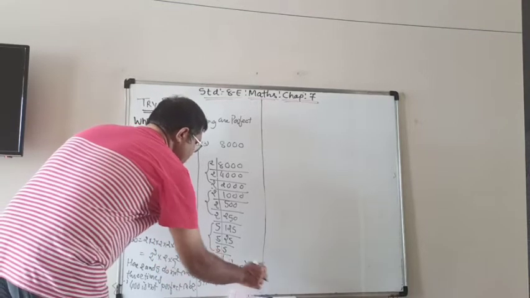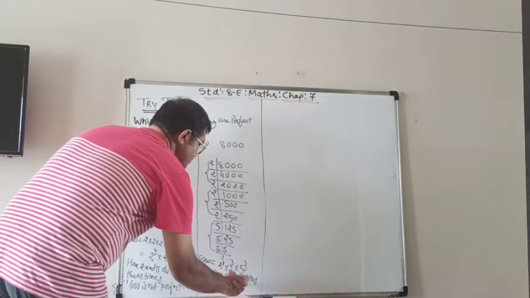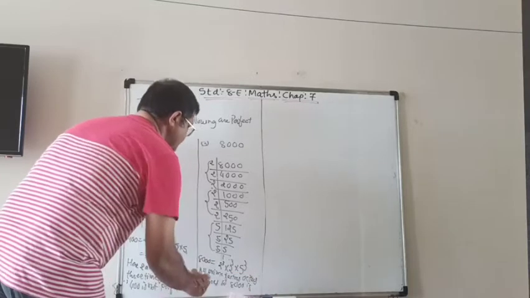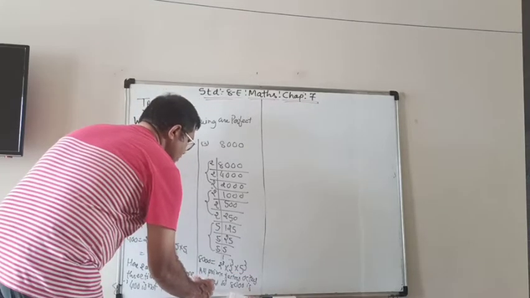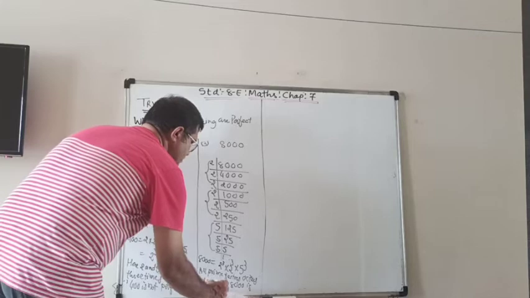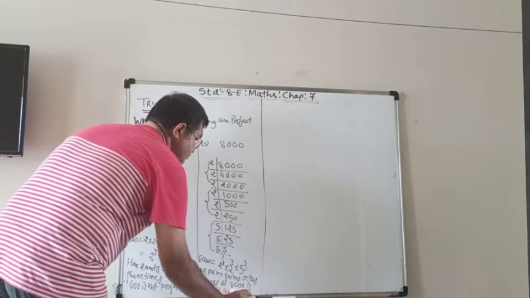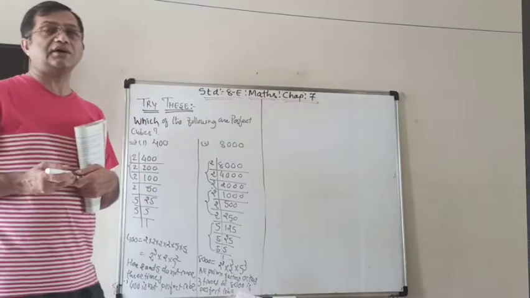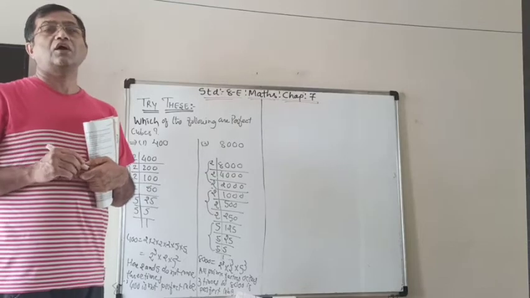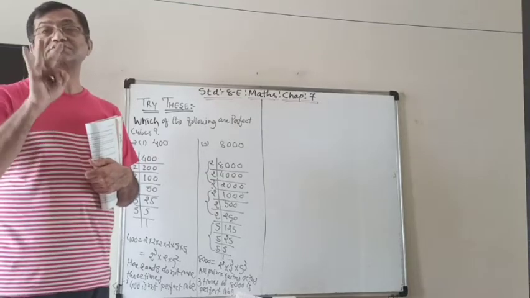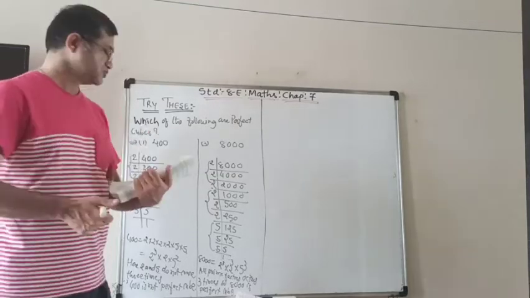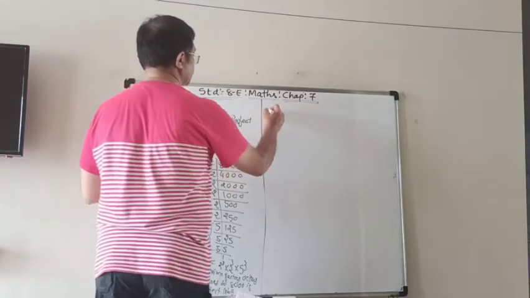So 8,000 is a perfect cube. Here we can see that all prime factors occur 3 times, so it is a perfect cube.